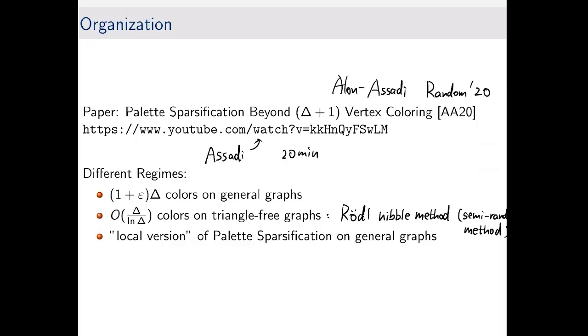It is a very important proof technique in probabilistic methods and in graph coloring, and it's also very important for theoretical computer science. So I'm going to talk about this in the second part of the video. For the first part of the video, I'll be focusing on this part. And in the following videos, I'll show you about the local version of the palette sparsification.